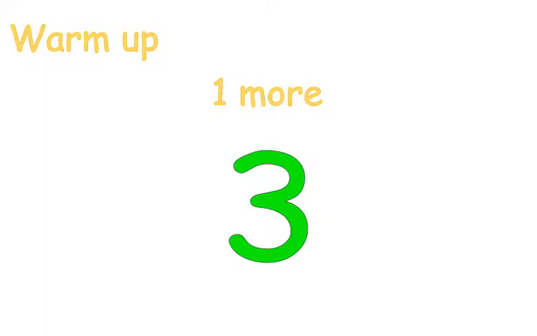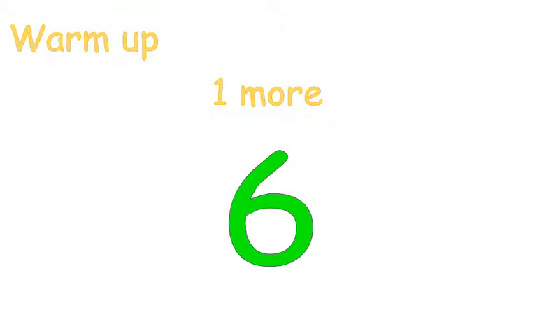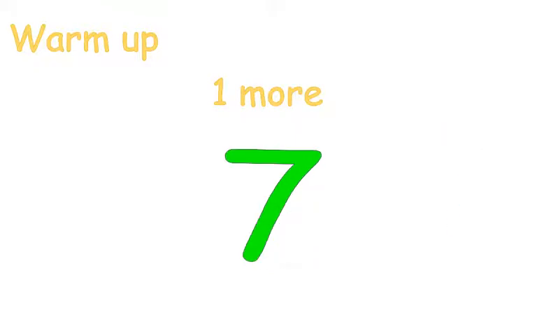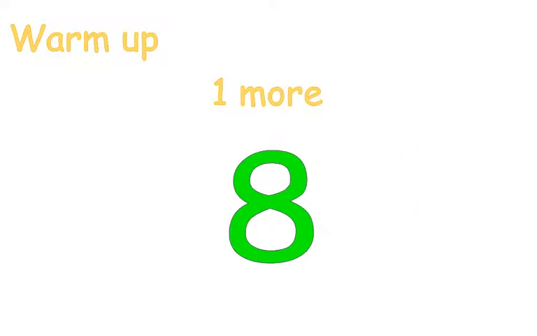We have 3. What is one more? 4. One more than 6 is 7. There we go. One more than 7 is 8. One more than 9 is 10. One more than 8 is 9.